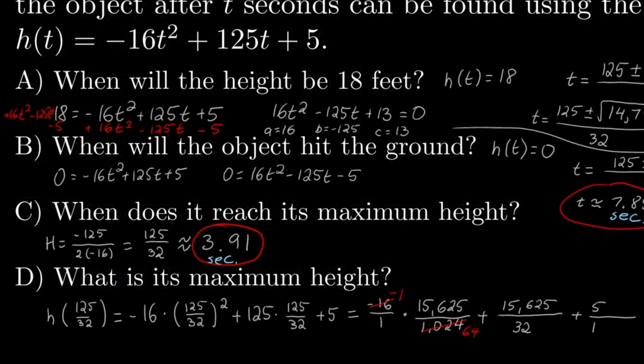So it looks like we will be adding fractions whose least common denominator is 64. Therefore, I will multiply that second fraction by 2 on both top and bottom to obtain the denominator of 64, and the third one by 64 on top and bottom to obtain that denominator of 64 as well.